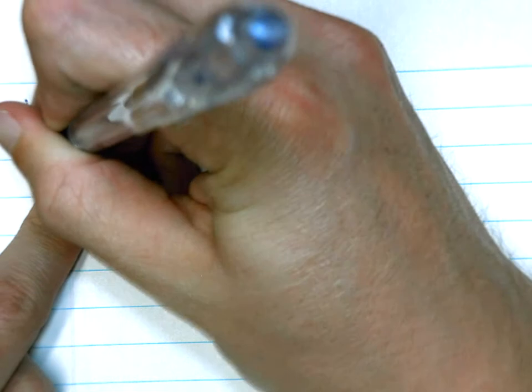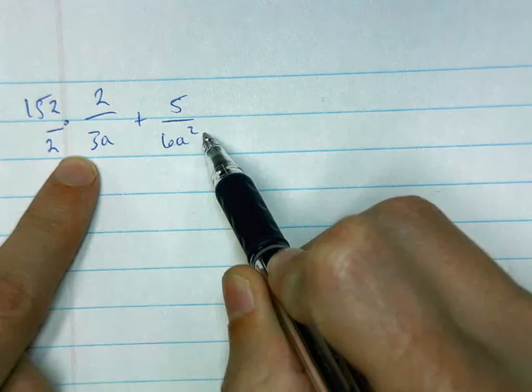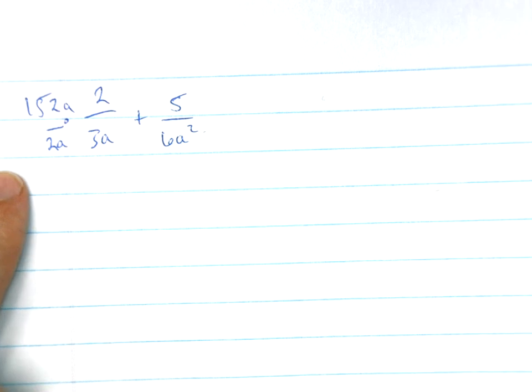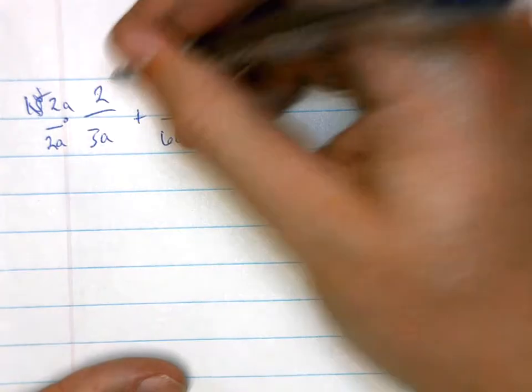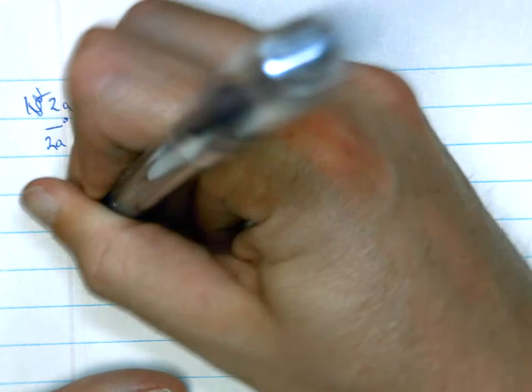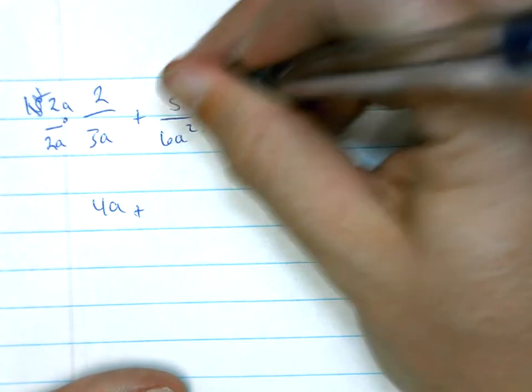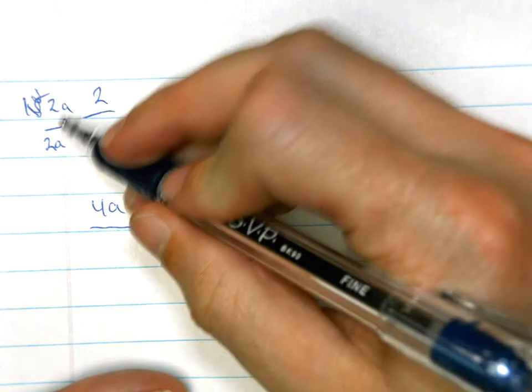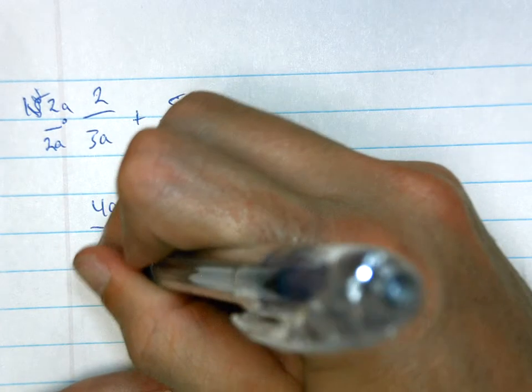And that's an a squared. So I'm missing an a. So 2a times 2, that's a 4a plus 5 all over 2a times 3a, that would be 6a squared.